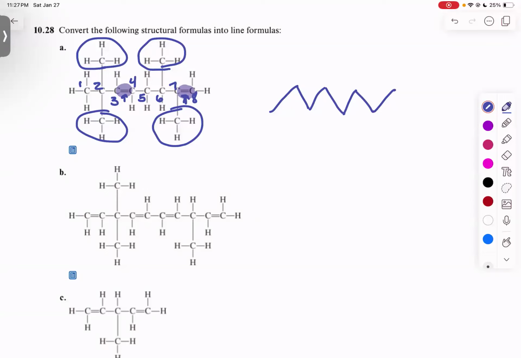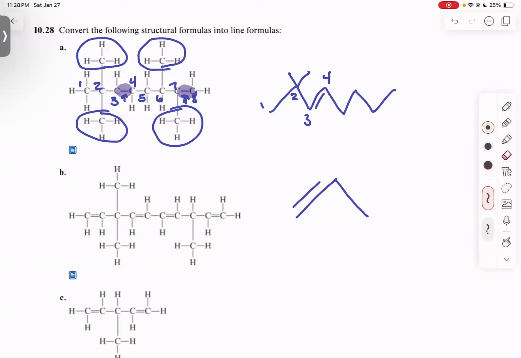As I go across, I'm going to go 1, 2. Okay, 2 gets 2 methyl groups. 3, and when I go to 4, I have a double bond between 3 and 4. And it doesn't matter if you put the double bond on the bottom, or you could put the double bond on top like that.